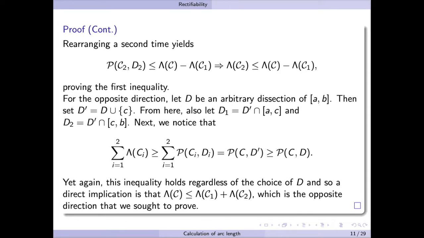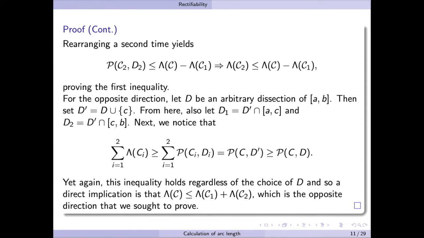From here, we let D1 equal the intersection of D prime with the interval AC. So D1 is the set of points in D prime that lie in AC, and obviously D prime contains A and C. Similarly, D2 is said to be equal to D prime intersect CB. So D2 contains the points in D prime that lie in CB.